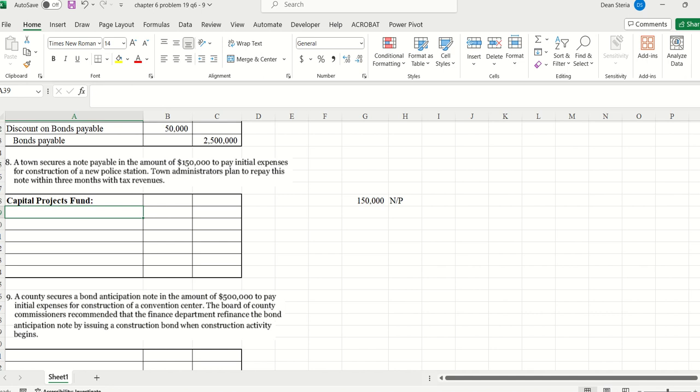And we got cash, and we have a notes payable. Okay, this is pretty straightforward. We know that they're going to be 150 each.